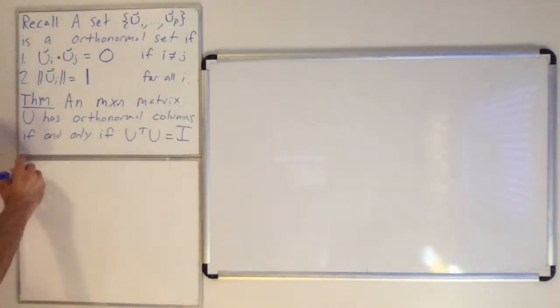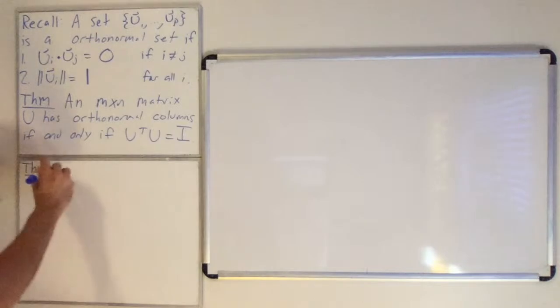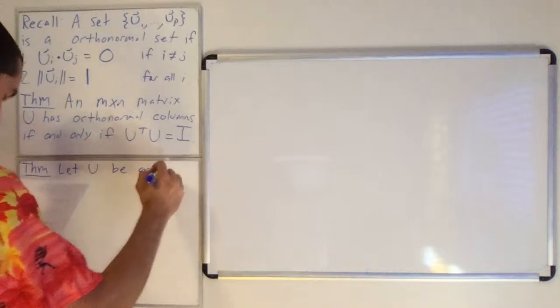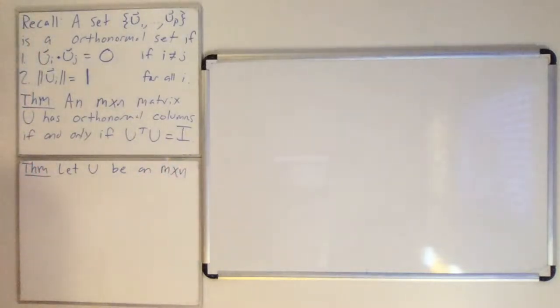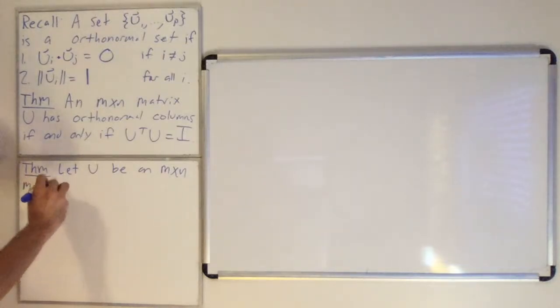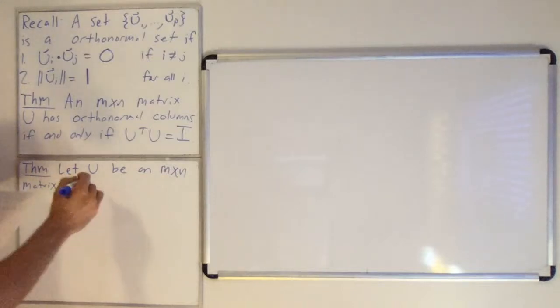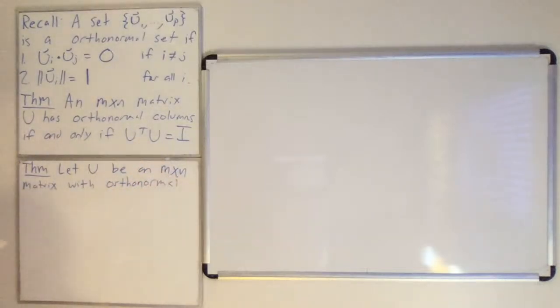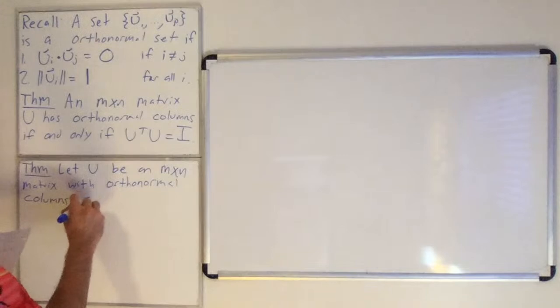So another theorem. If we have an m by n matrix U with orthonormal columns, okay, so we have some m by n matrix with orthonormal columns, and let x and y be in Rn.